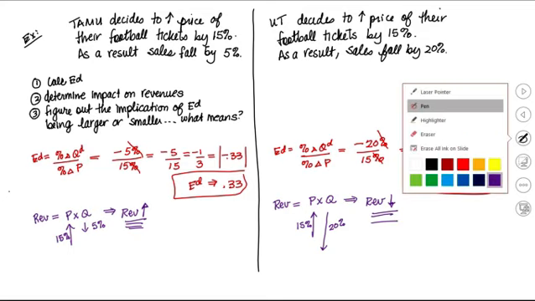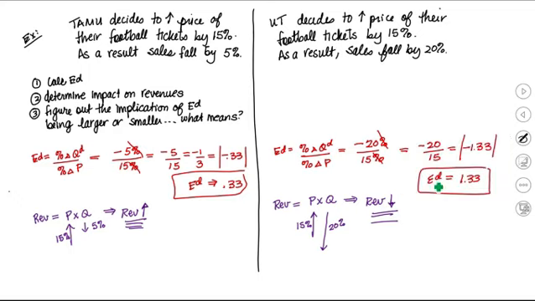The third thing I asked you to think about is what's the implication of a smaller or larger elasticity? So what can we say? When elasticity of demand is larger, what does that tell us? Are consumers more price sensitive or less price sensitive?